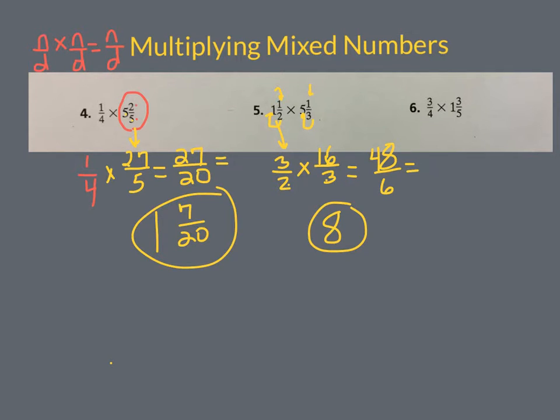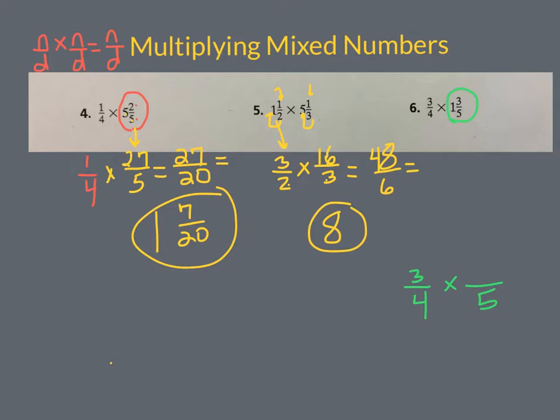Number 6 looks like it's going to be a little bit less work because the 3/4 is already a fraction. So I'll do it down here where I have some space. I have 3/4, and then 1 3/5 is going to become, I'll say times, the denominator is always going to stay the same. So I can actually just go ahead and copy the fifths. It's the numerator I need to get.